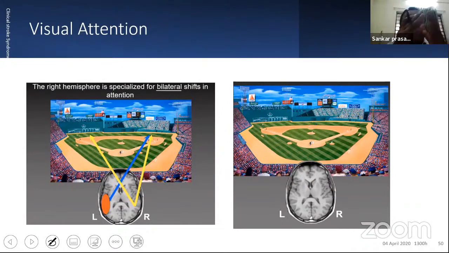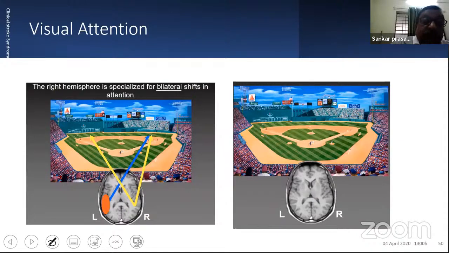So the right cerebral hemisphere controls the visual attention shifts in the left visual field, and also in the right visual field. Whereas the left cerebral hemisphere controls visual attention shifts only in the right visual field. So that is the maximum difference.